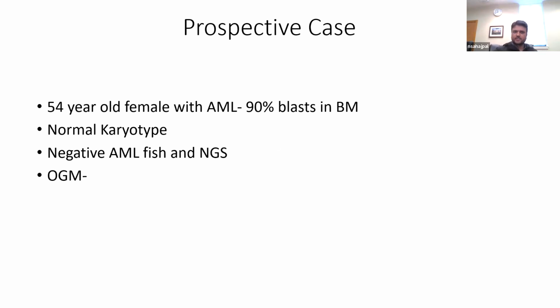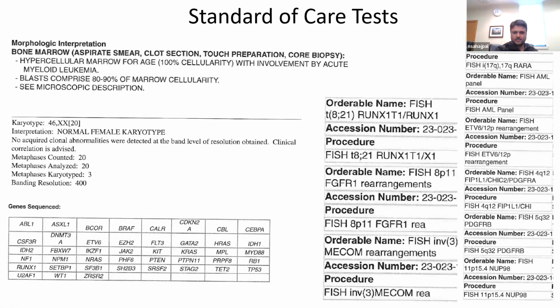And the first case that we had done in our institute on a prospective case for which a report was issued was this female, who had 90% blast, normal karyotype, normal FISH, and the NGS report was negative. And these were the genes that were in the NGS panel. You can see the karyotype is negative, and there were several FISH panels that were done on this patient.